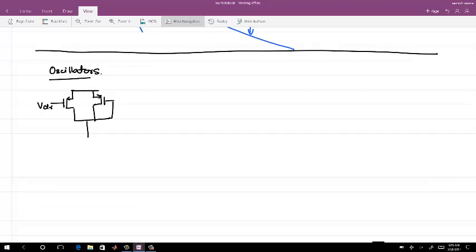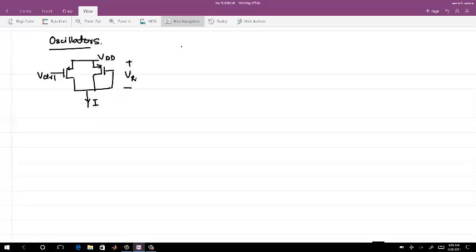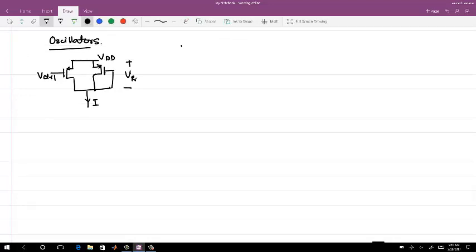This is V control, VDD, this is I, and the potential difference is VR. And this is all when we assume that these transistors are following the square law.